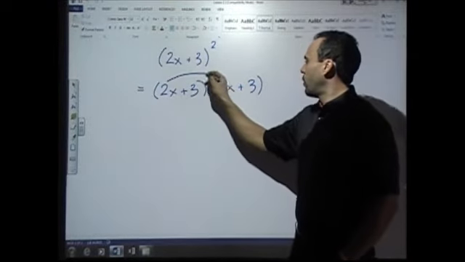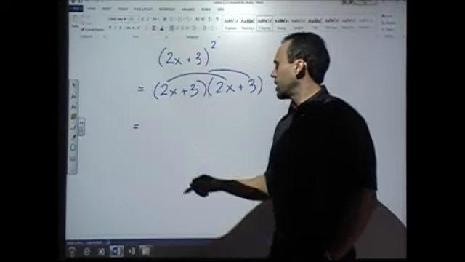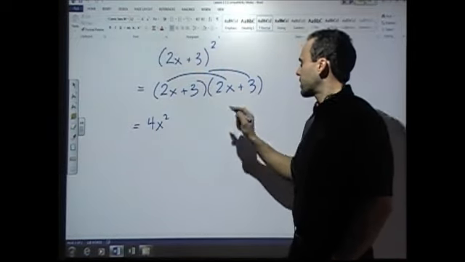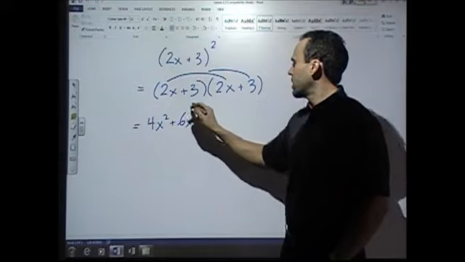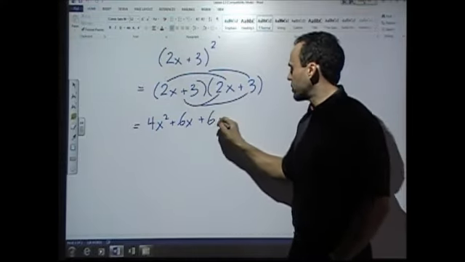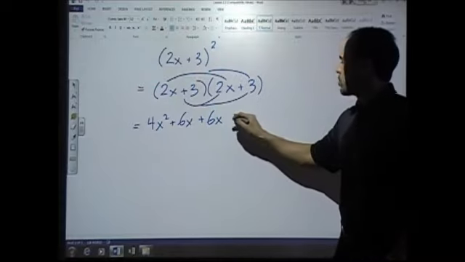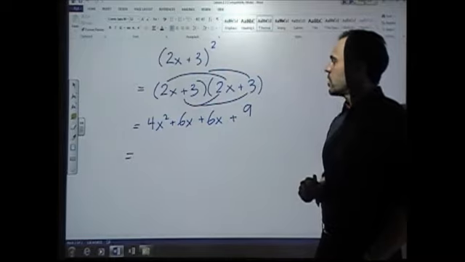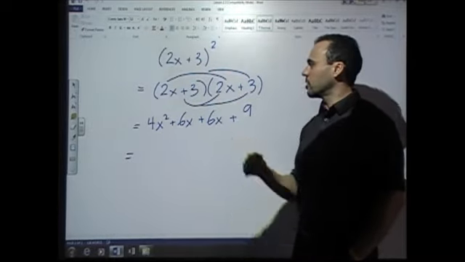And then if you apply FOIL, multiplying everything by everything, 2x times 2x is 4x squared, 2x times 3 is positive 6x, and then over here, 3 times 2x is another 6x, and 3 times 3 is positive 9.